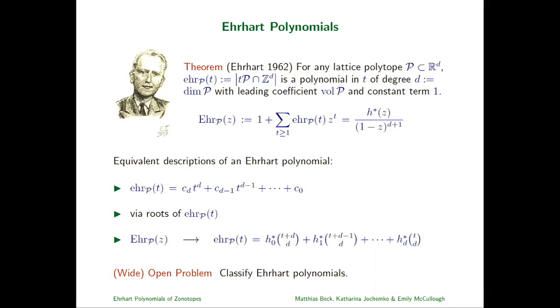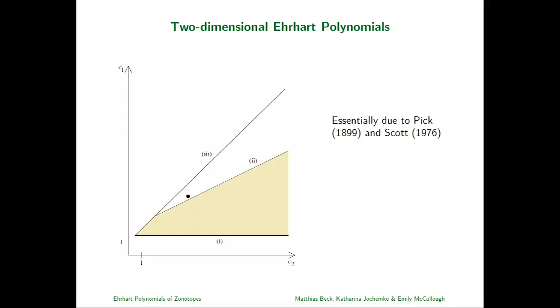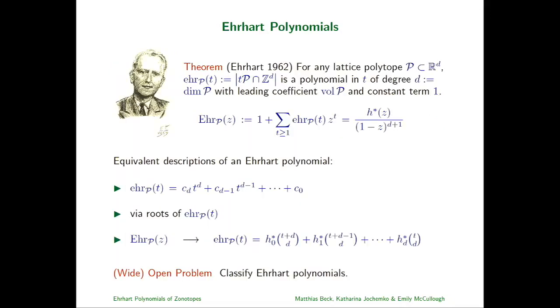And I'll tell you in a moment why I like to write my polynomials this way. But let me convince you that this is a hard problem. So I'm going to show you what we know in dimension 2. So in dimension 2, I have 3 coefficients, but the constant term is 1, so I don't need to talk about that.